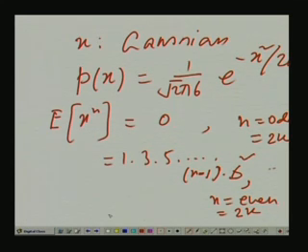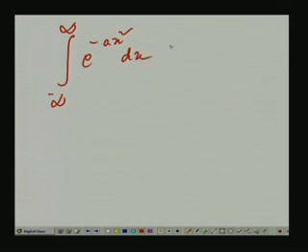This we will show as an example. For that, we consider this integral. What is the value of this integral? You can always take a to be equal to some 1 by twice sigma square. So, if you make that substitution, e to the power minus x square by twice sigma square, and if we had another 1 by root 2 pi sigma here, then that would have been 1.